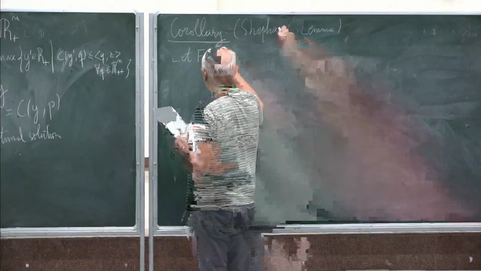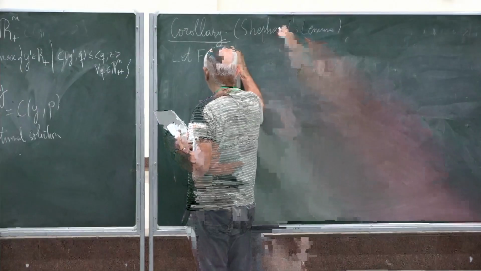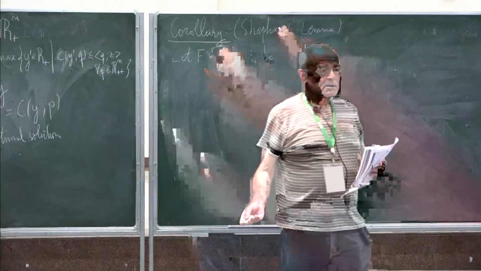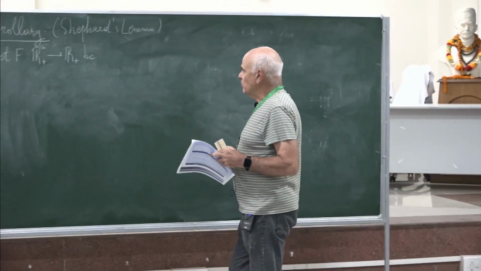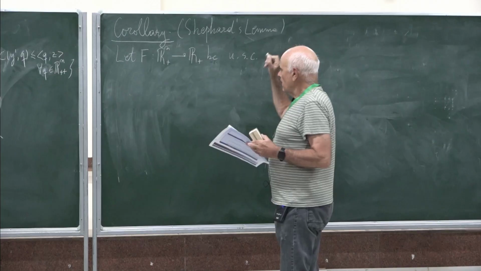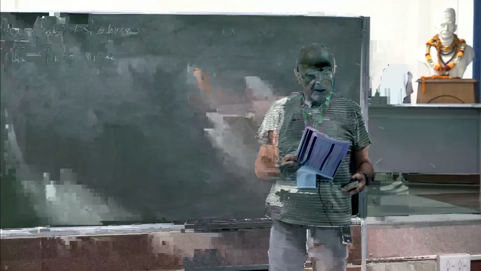Let f be, well, in our context, because we decided that we would never use non-regular functions, but actually this assumption is superfluous. To be consistent with our framework, but there is nothing else.